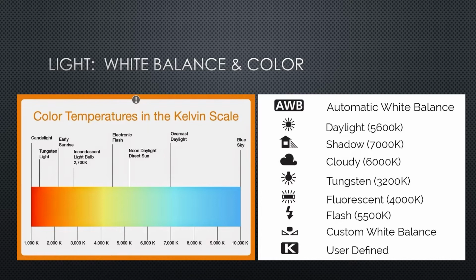The preset icons only let me go up to 7,000 degrees for shady, but I was able to use the user-defined setting and dial in the Kelvin scale. Now, I didn't know what the right setting was, but I guessed it was around 8,000. I shot a few images, and then I looked at the LCD on the back of my camera. They still looked a little bit cool, so I bumped it up to 8,500 degrees. Was it 1,000% perfect? Probably not, but it was close.